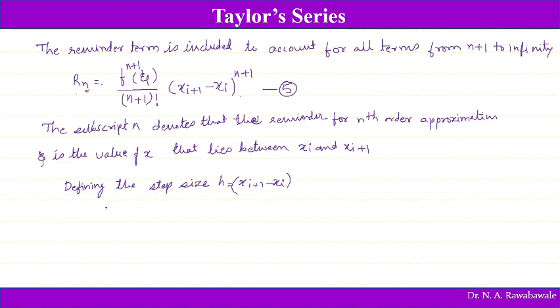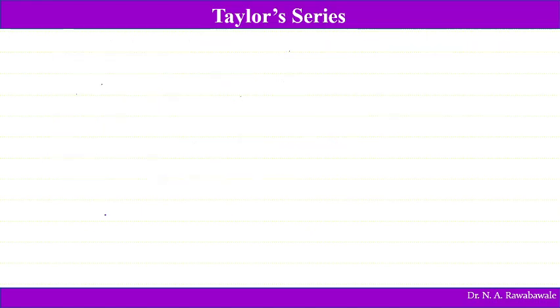We write this Taylor series polynomial as f of xi plus 1 is equal to f of xi plus f dash of xi times, in place of xi plus 1 minus xi, here we write h.